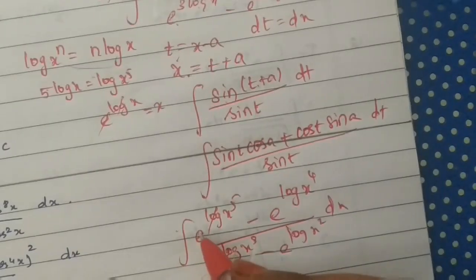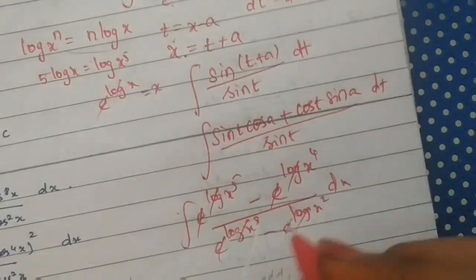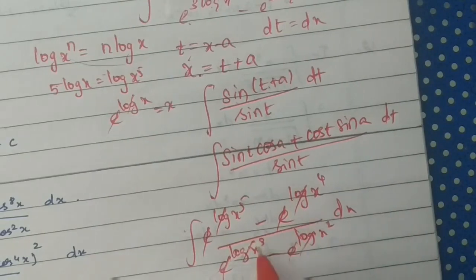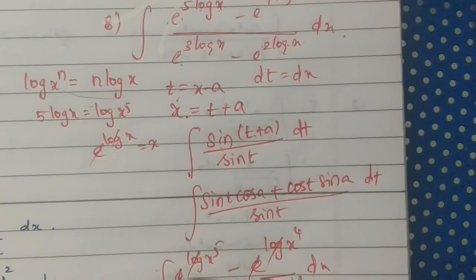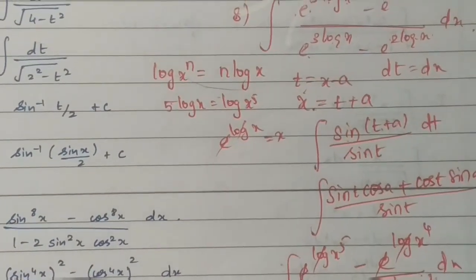So this log and exponential will go off. You will be getting integral over x power 5 minus x power 4 divided by x cubed minus x squared into dx. Take whichever is common, cancel it out, separate the integral and write the solution.